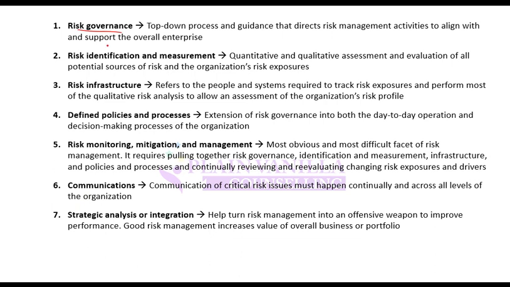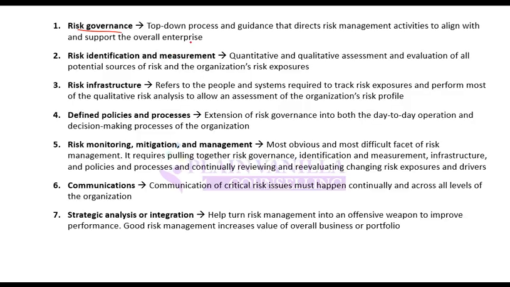Starting with risk governance: what is risk governance? Risk governance is a top-down flow of guidance to manage risk. It is a top-down process and guidance that directs risk management activities to align with and support the overall enterprise.